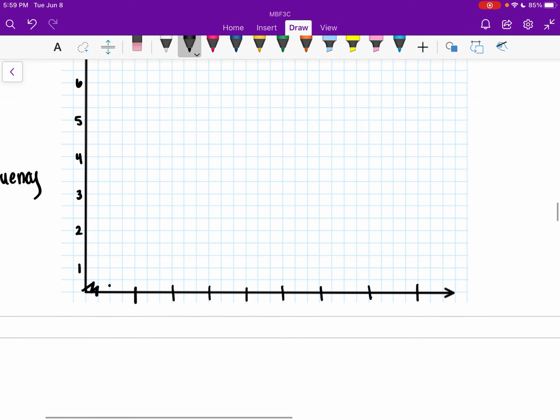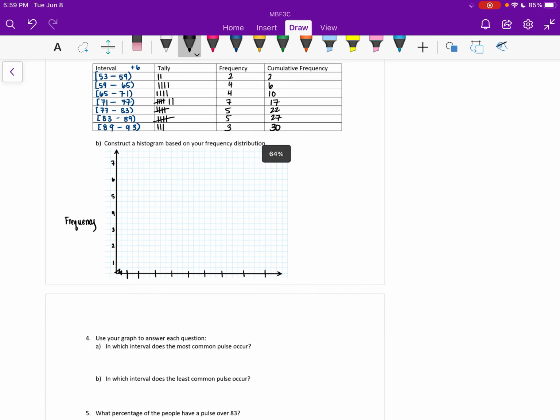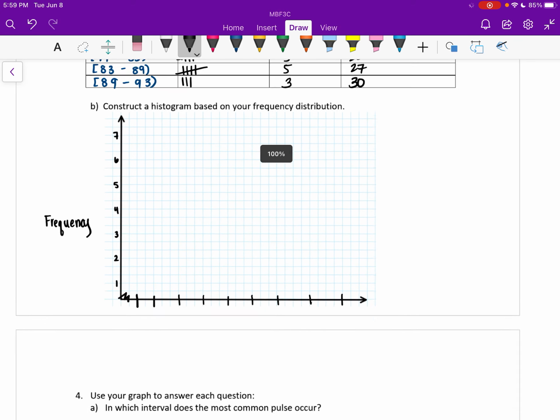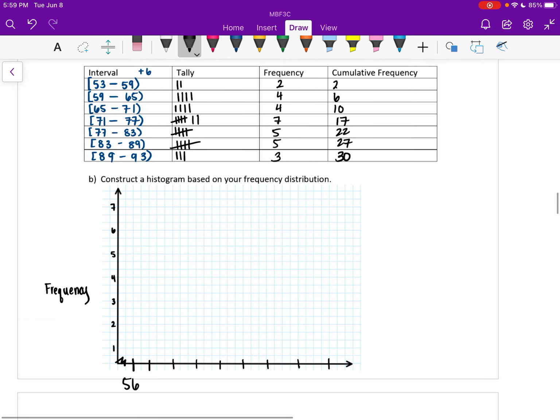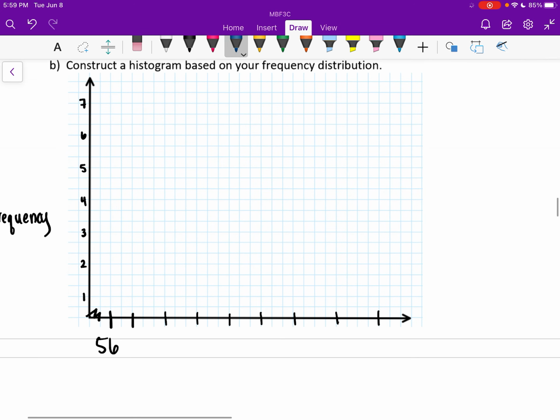In the middle of this one is going to be my first interval, which is 53 to 59. So it's going to be about 56. Then let's draw in how many I have there. I have 2. So I'm going to take my pen and go up to 2. I always use a ruler to do this, so make sure you use a ruler.